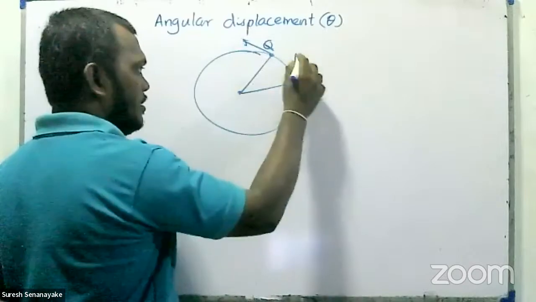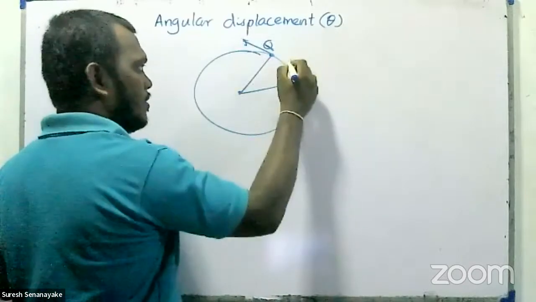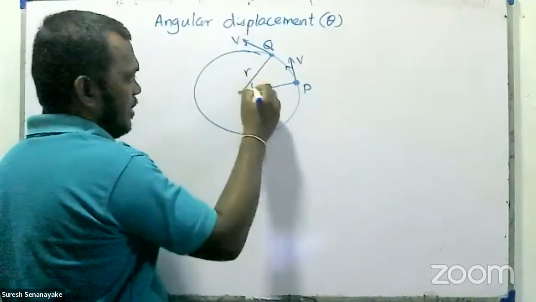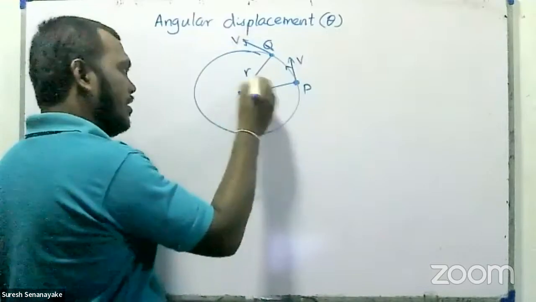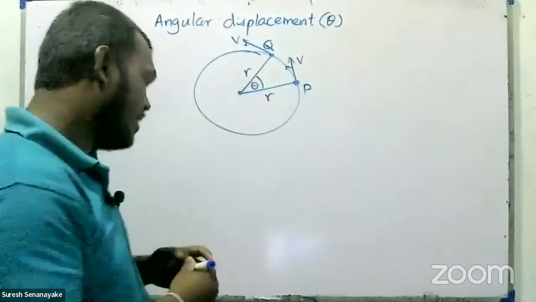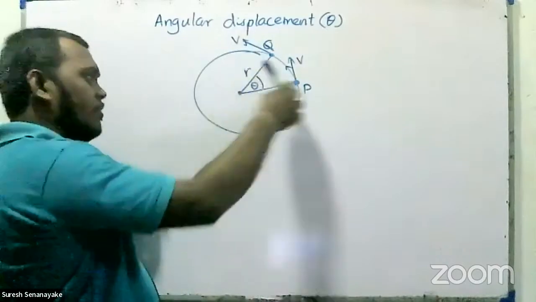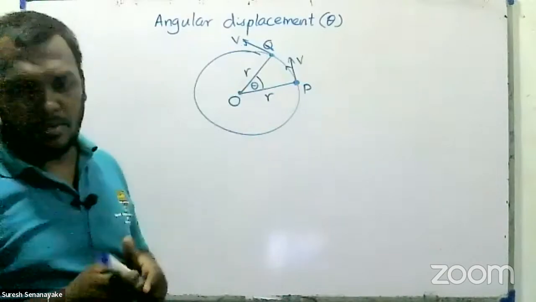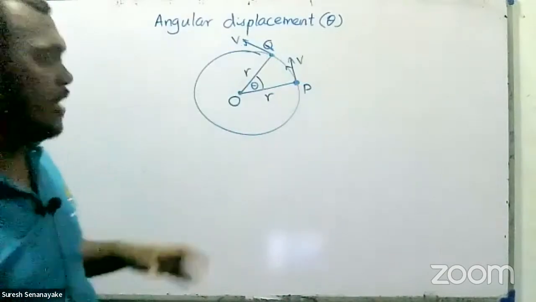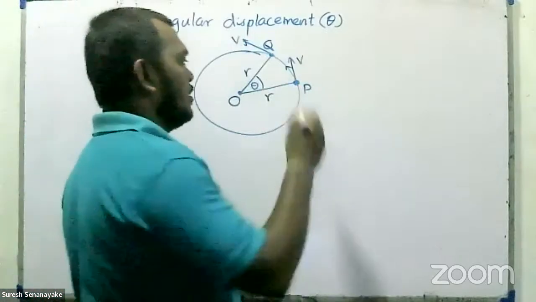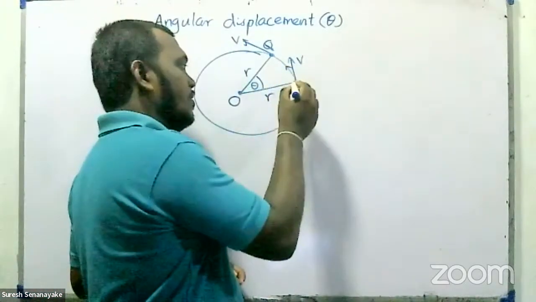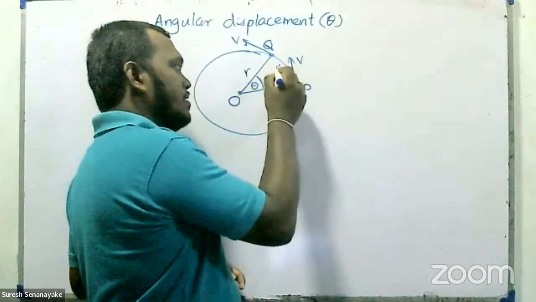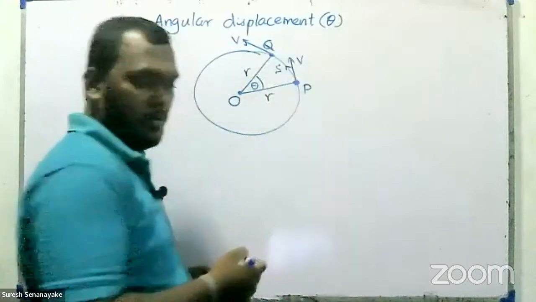R is the angle between these. This is the angle. So that is the angle swept by a line or a particle about the axis or the point, and we can call it theta, the angular displacement. When this particle makes an angle about this point, it has a linear distance to travel along the path. We call it the arc length, PQR.